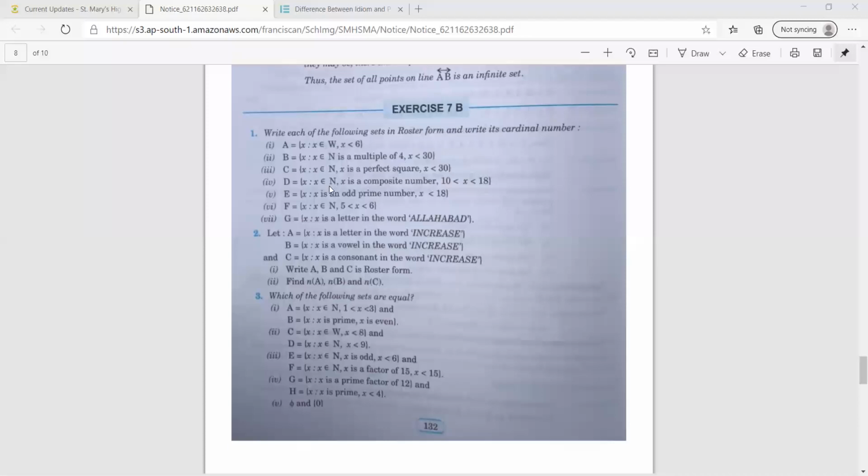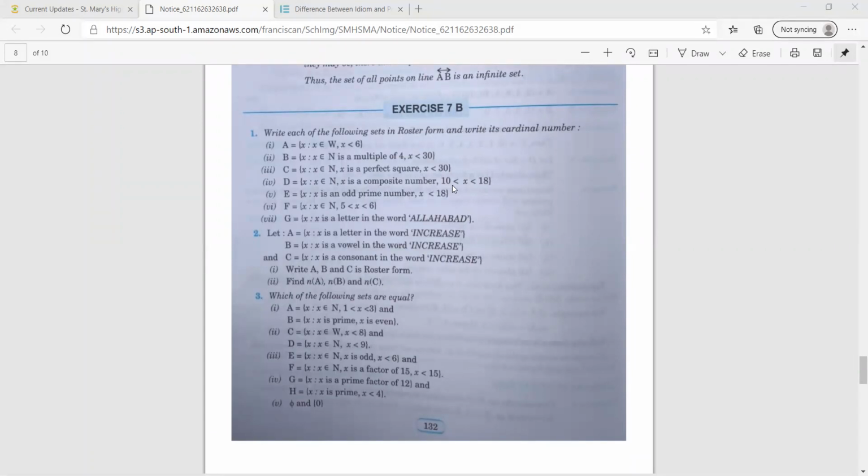Set D, natural number, composite number, X is more than 10 and less than 18. So all the composite numbers which are more than 10 and less than 18. So remove the prime numbers and the remaining numbers will be composite numbers.